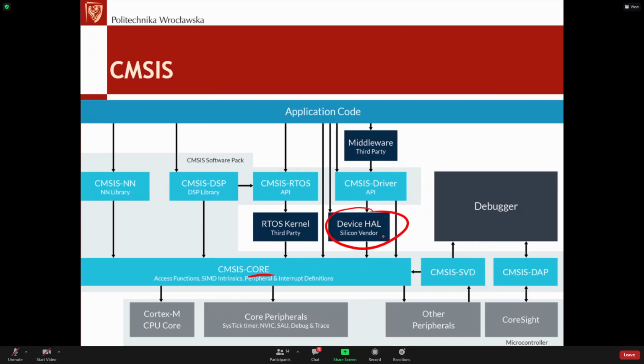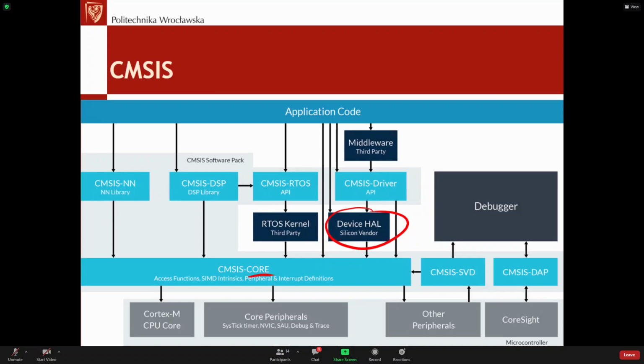So the hardware abstraction layer is the content of, for example, the system of includes, and the details are present in the HAL, in the hardware abstraction layer.